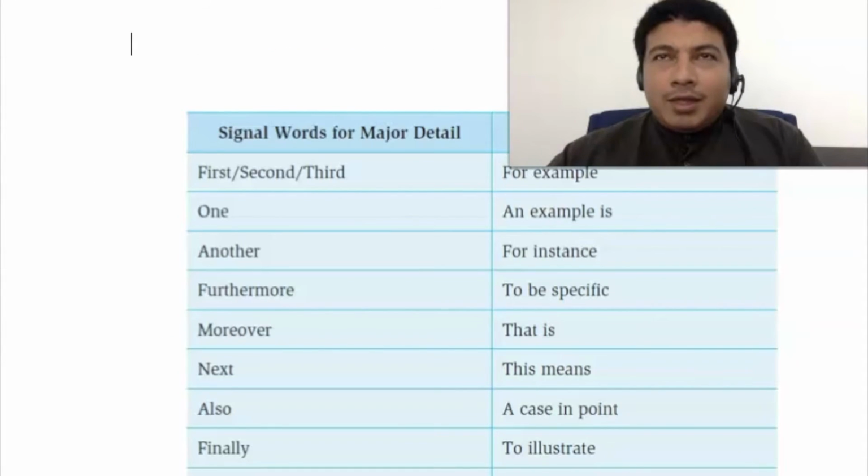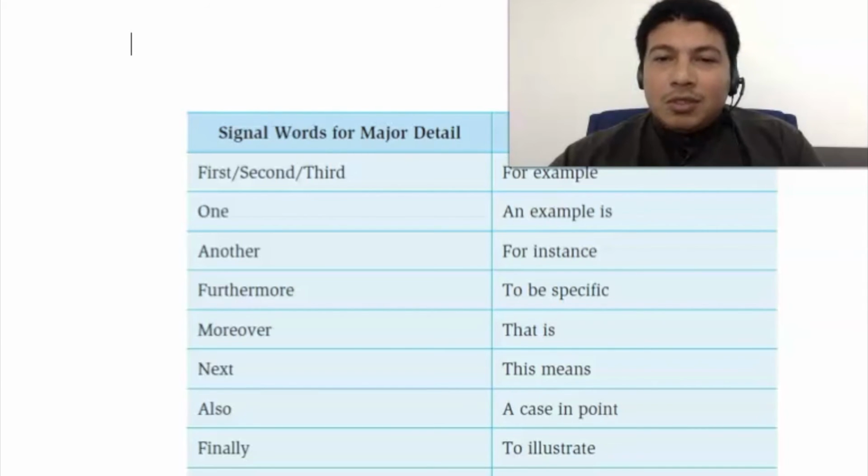When you are reading a text, it is quite easy to look for the supporting details. If it is a good writing, most of the time you'll have these cues, the signal words. For example, first, second, third, furthermore, moreover, next, also, finally, for example, for instance, to be specific, that is, this means, a case in point, to illustrate, to explain.